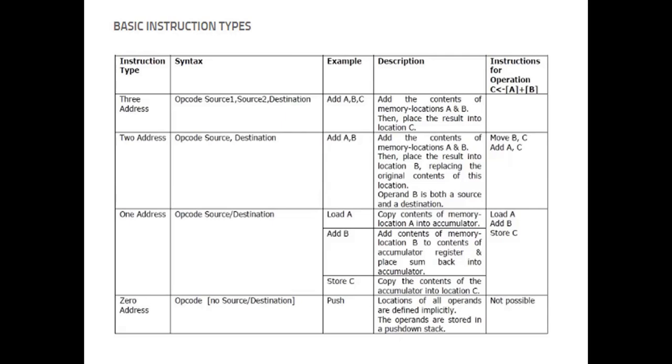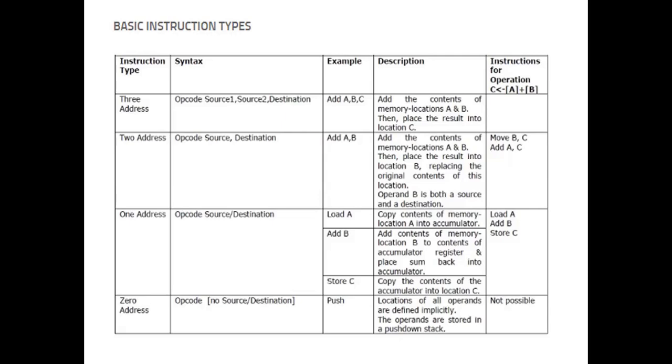The next topic is very important. Commonly, instructions are classified into 4 types. That is called basic instruction types: 3 address instructions, 2 address instructions, 1 address instructions, 0 address instructions.